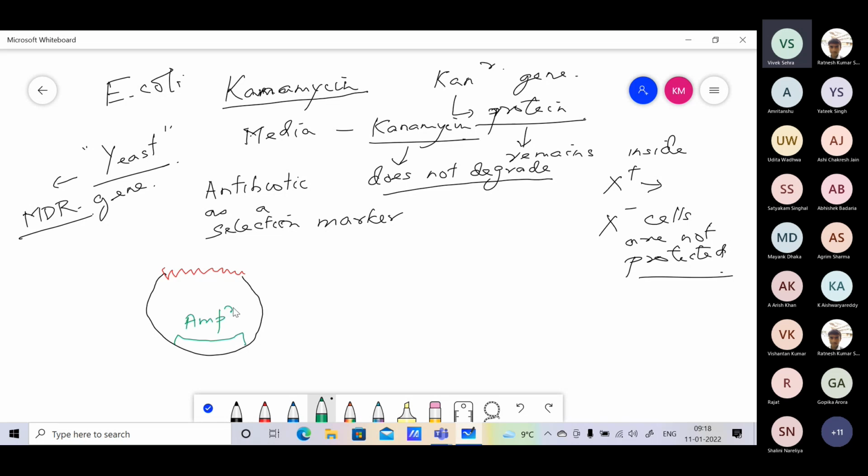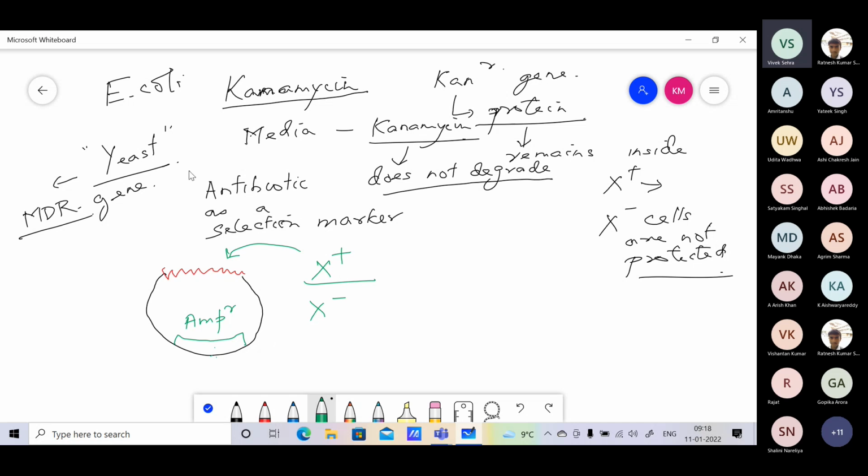And this ampicillin resistance gene distinguishes the X plus cells from the X minus cells, because X plus cells can grow on ampicillin, X minus cells cannot grow on ampicillin. And therefore, you are only interested in X plus cells because X plus cells also carry this stuff. Right? This is something which you would have done in yesterday's practical as well.